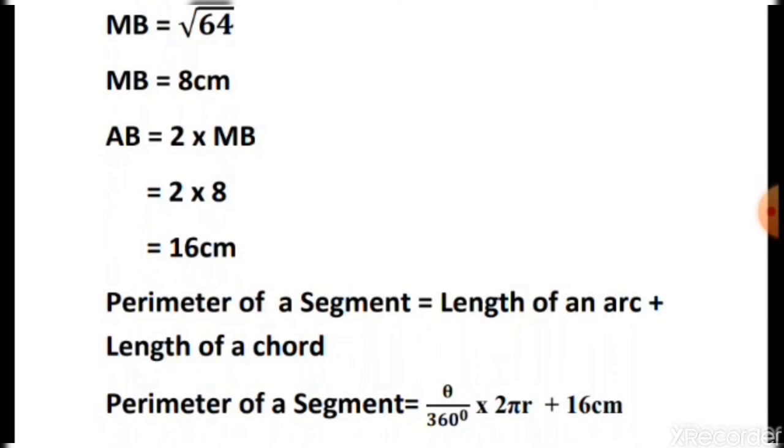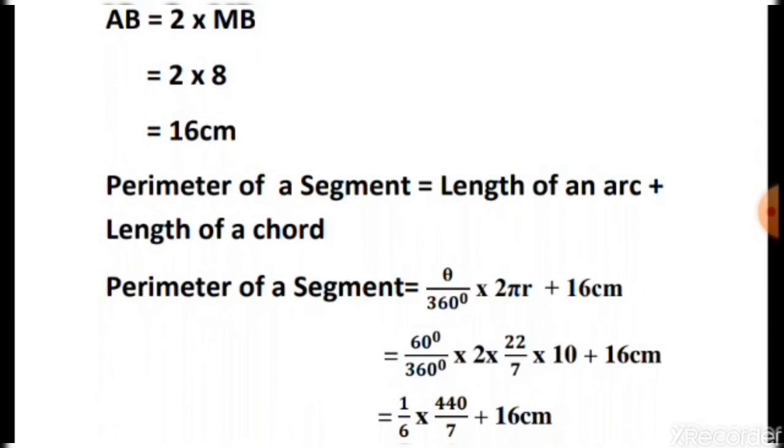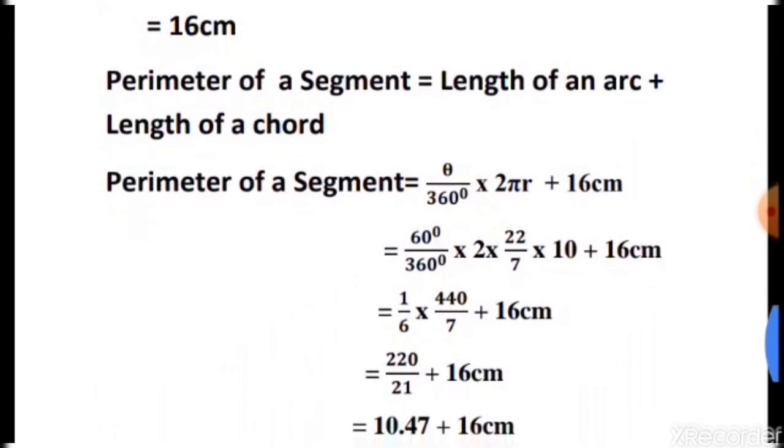So perimeter of a segment will be theta over 360 times 2 pi r plus length of a chord, which is 16 centimeter. So when you substitute, you have 60 degrees over 360 degrees times 2 times 22 over 7 times 10 plus 16 centimeter, which will give us 1 over 6 times 440 over 7 plus 16 centimeter, and that will give us 220 over 21 plus 16 centimeter.